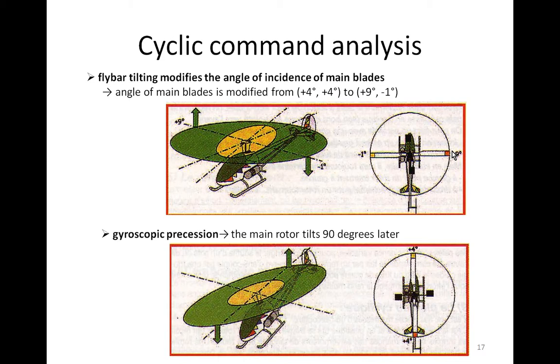The gyroscopic precession will apply also to the main rotor, so this force here will apply here on the back, so the back of the rotor will move up, the rear of the helicopter will move up, and finally the helicopter will tilt forward.